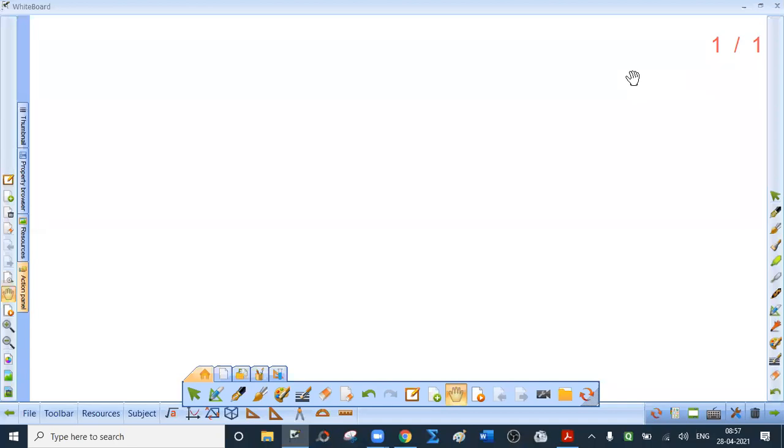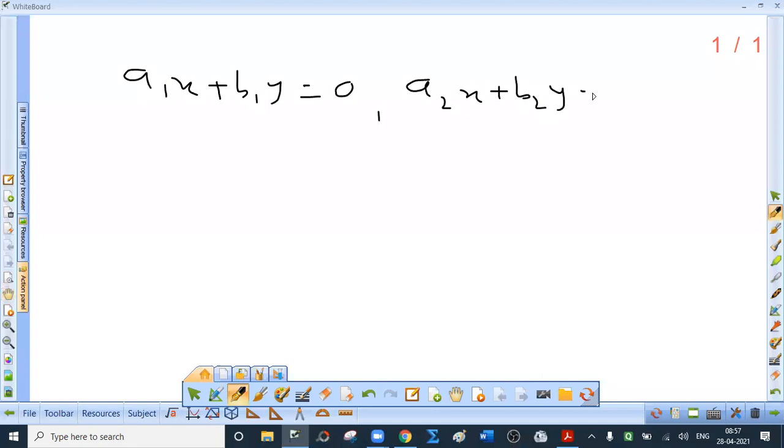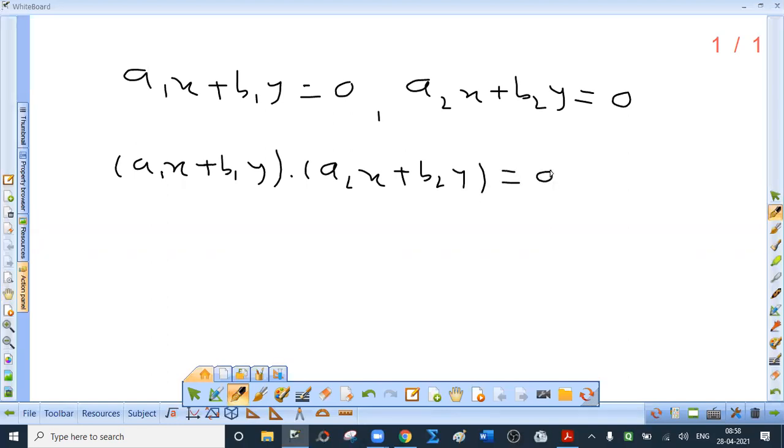Let the two lines through the origin be a1x plus b1y equal to 0 and a2x plus b2y equal to 0. Now consider the locus represented by (a1x plus b1y) into (a2x plus b2y) equal to 0.